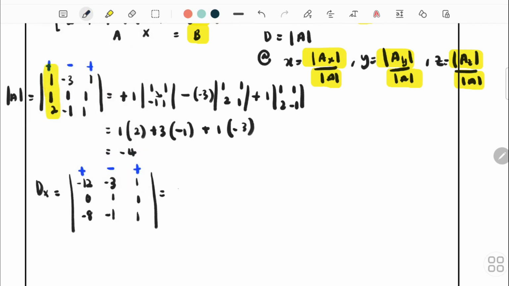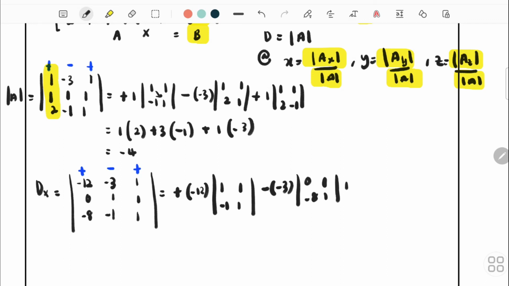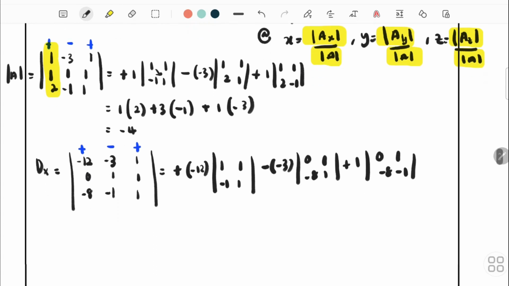So then you get positive of negative 12 multiply with its minor, delete its row and column, so you get 1, 1, negative 1, 1, minus with negative 3 multiply with its minor, the remaining elements after you delete its row and its column. So you get 0, 1, negative 8, 1 plus 1 multiply with 0, 1, negative 8, negative 1.